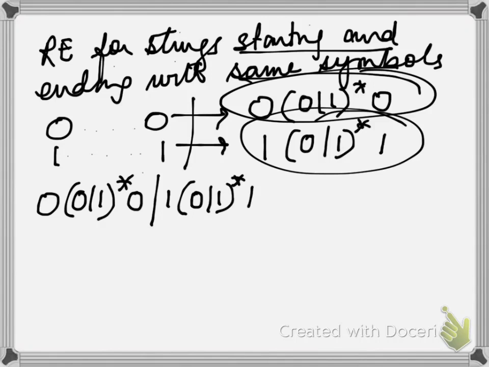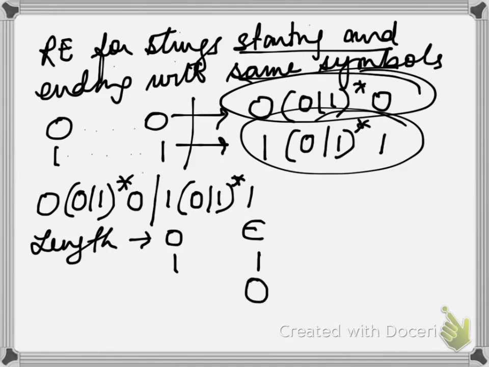Now this definition can be extended a little bit to include strings of length less than 2. That means it may be of length 0, so the regular expression is epsilon, the empty string. If the length is 1, then it contains only one symbol, which can be either a 1 or a 0.